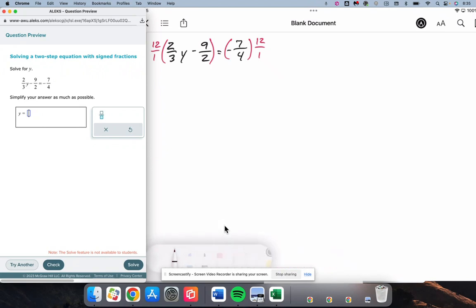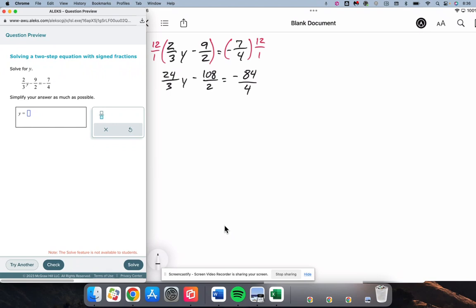So what we've got on the left is 12 times 2 is 24, 1 times 3 is 3. 12 times 9 is 108, 1 times 2 is 2. 12 times 7 is 84, 1 times 4 is 4.